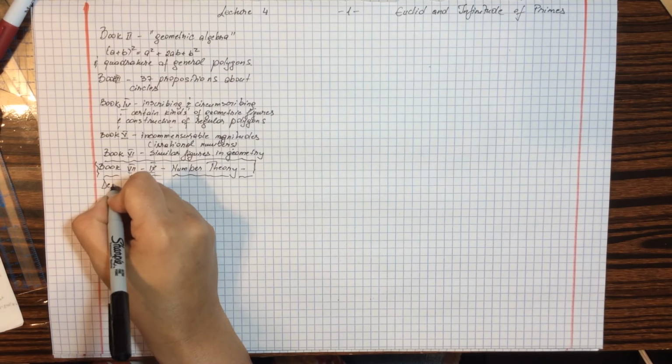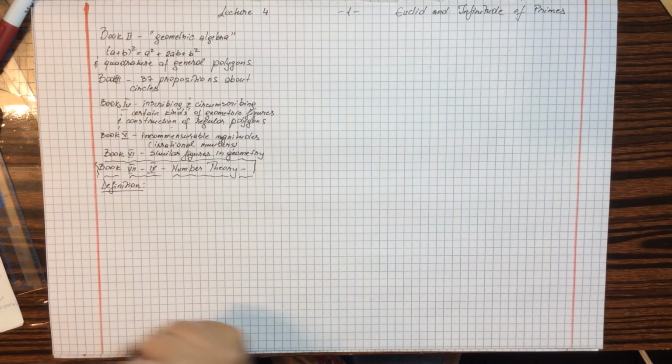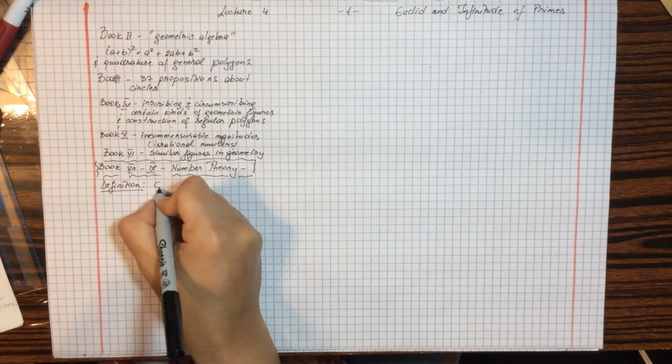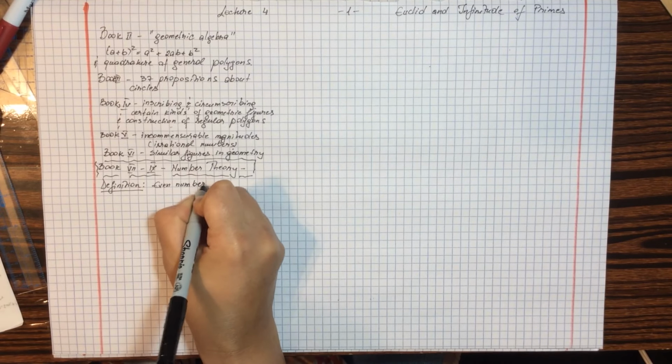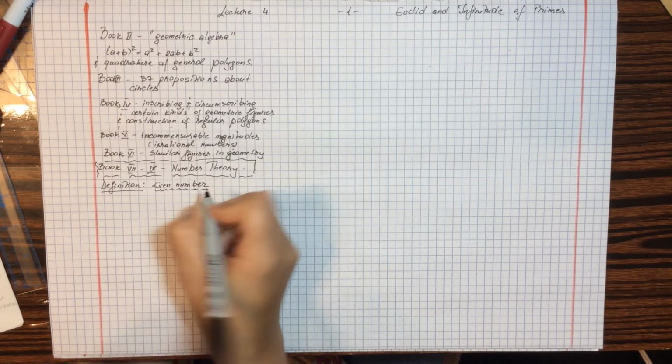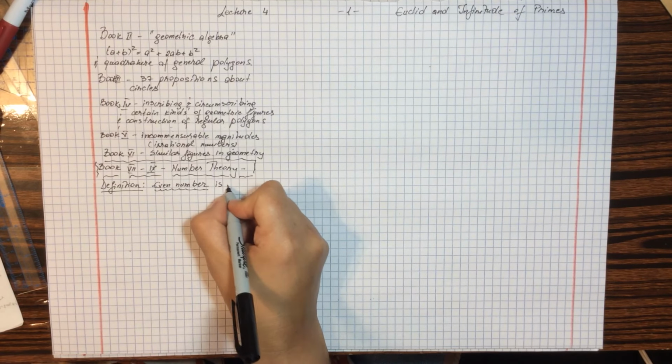So, definition. An even number is a number divisible into 2 equal parts.